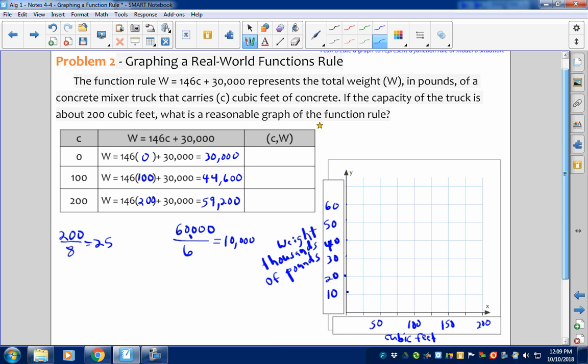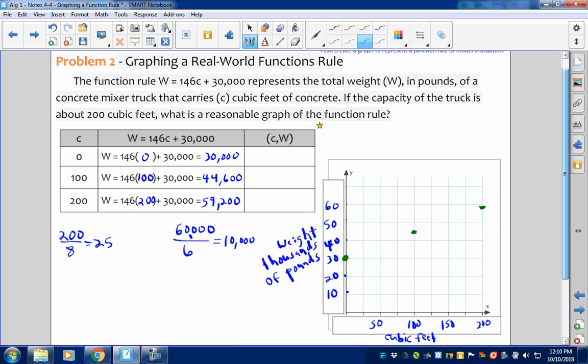So you're going to have to decide how to label the axes as you go through these problems. Problem number 4 is like this in the classwork, and there's one like this in the homework as well. So the first point is 0, 30,000. It's right there. Next one is 100 over and about 45,000, so about halfway between the 40 and the 50. And the next one is 200, almost 60,000, so about right there.